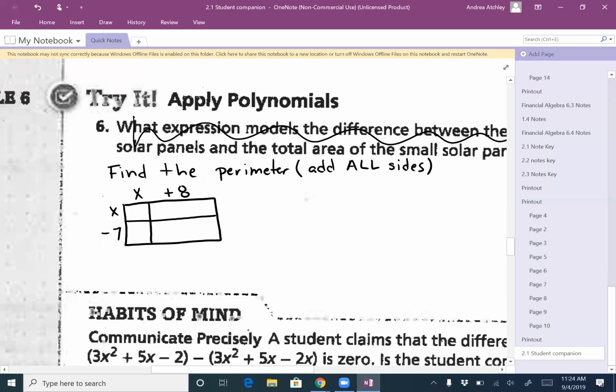How far did I go? So that means I have x plus 8 plus x minus 7. But I also need this x plus 8, which is that side. And then this x minus 7.